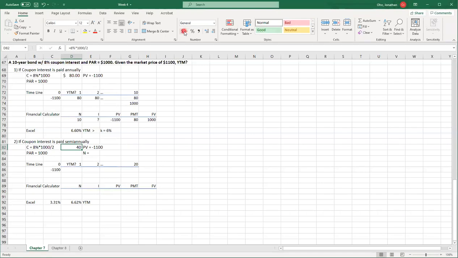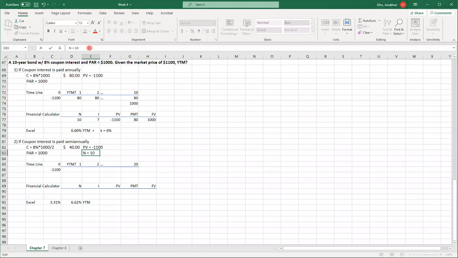That is the coupon interest payment that you receive every 6 months. And present value is $1,100, and N is, it was a 10-year bond, but in this case we assume one period is 6 months. So you have to make an adjustment.